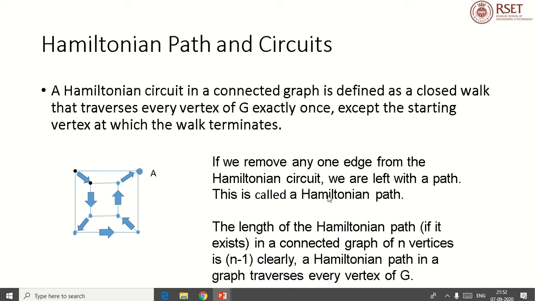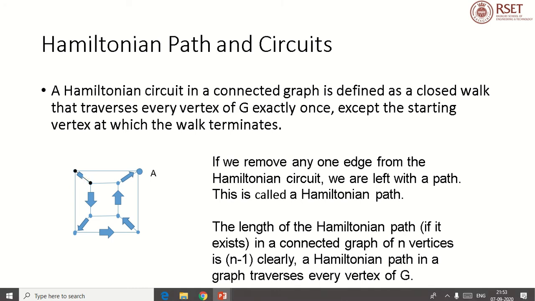In that case, the Hamiltonian circuit becomes a Hamiltonian path. That means we start from one vertex and end at another vertex, touching all the vertices exactly once. It is clear that the length of a Hamiltonian path in a connected graph of n vertices is n minus 1. The Hamiltonian path in a graph traverses every vertex of G.